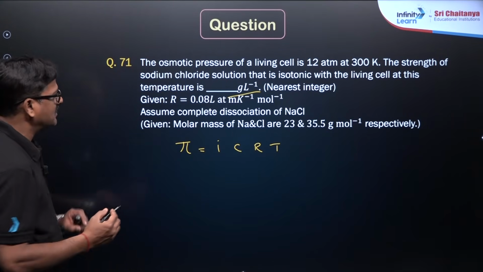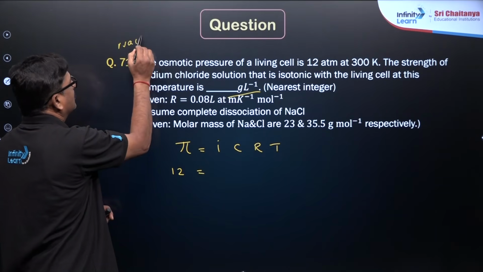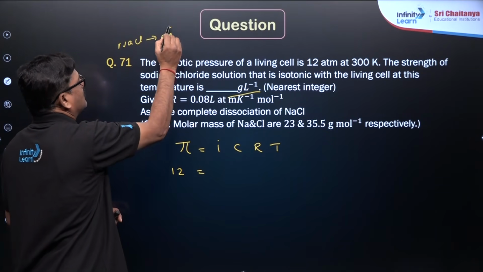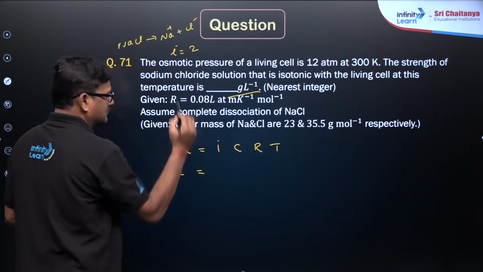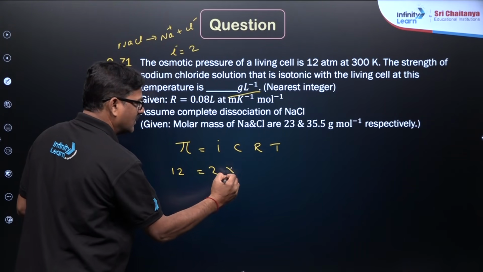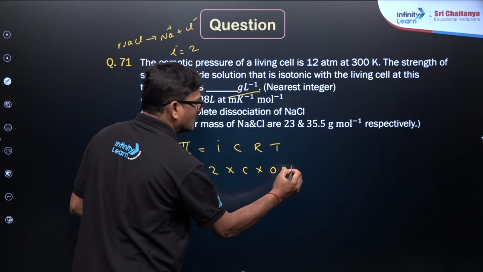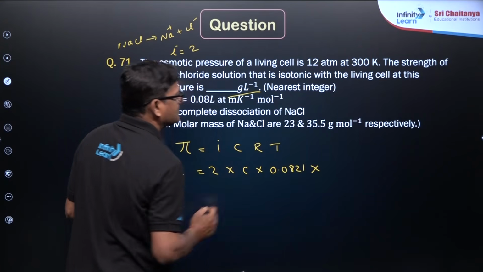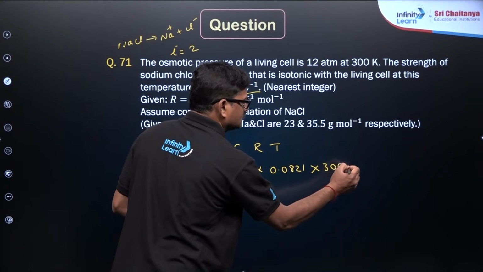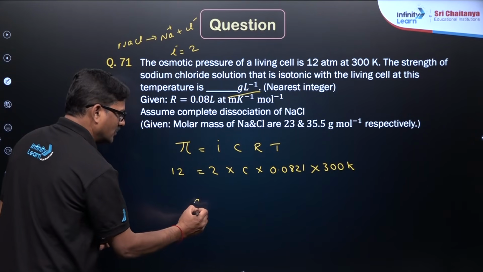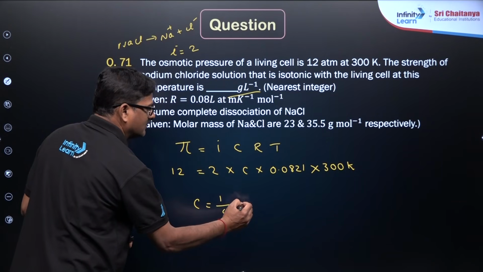Osmotic pressure is given as 12, and sodium chloride is a strong electrolyte, so that Na plus and Cl minus, i is going to be 2, and you have to calculate the molarity, and R value is going to be 0.0821 at the temperature given, 300 Kelvin. On doing so, you are going to get C is equal to 1/4 mole per liter.